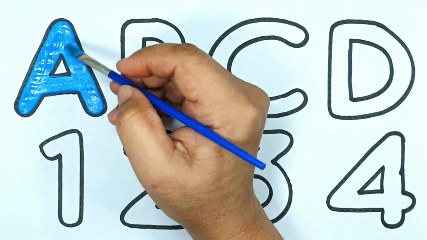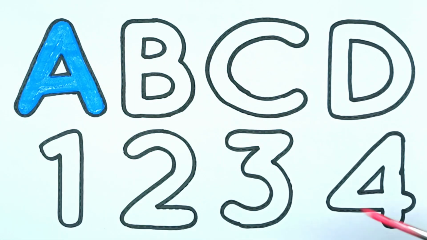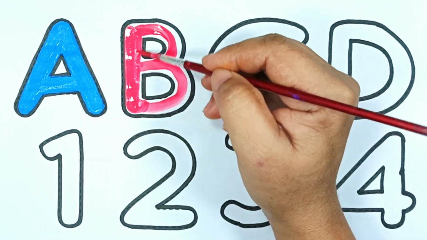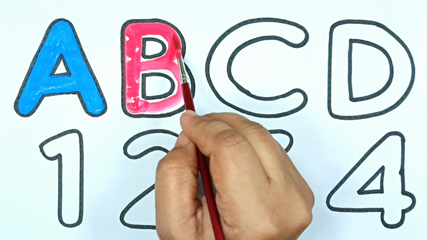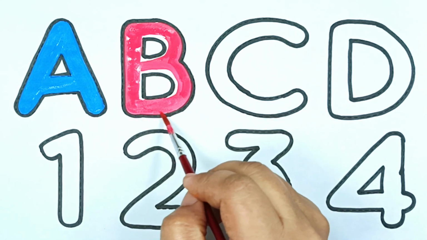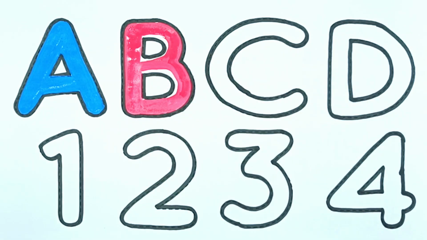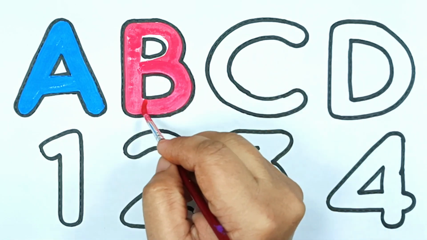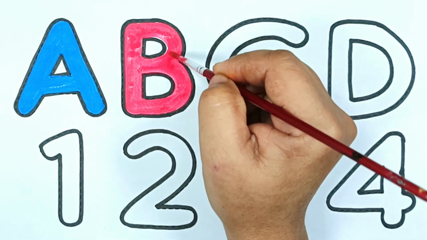A is for airplane. It flies in the sky. B is for baby.